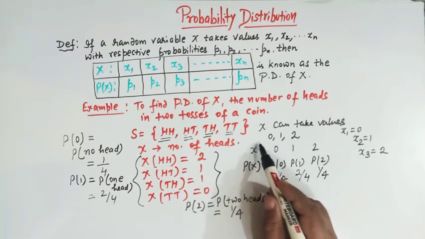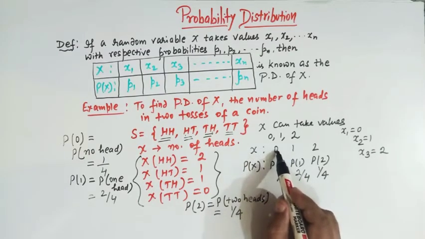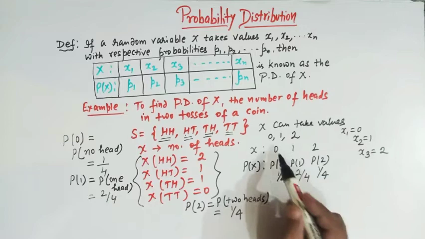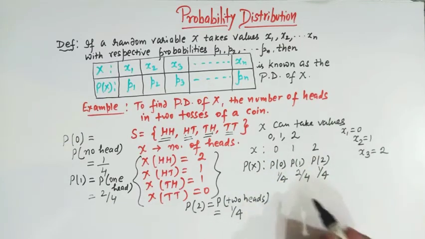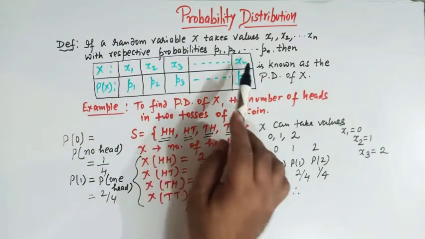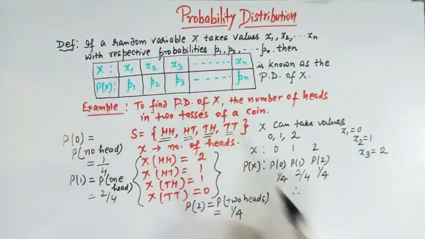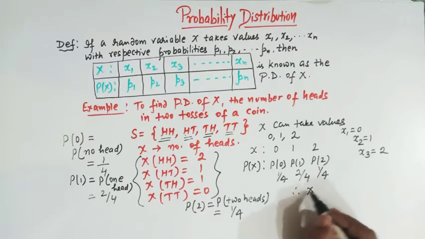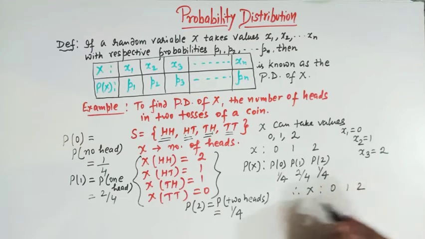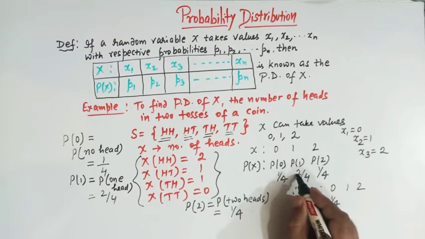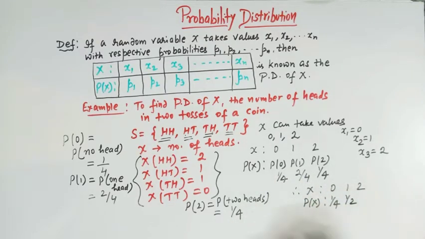So here the random variable x takes the values 0, 1, 2, and the corresponding probabilities are 1 by 4, 2 by 4 and 1 by 4. Therefore the probability distribution table we can prepare like this: x is 0, 1, 2, and the corresponding probabilities are 1 by 4, 2 by 4, which we can write as 1 by 2, and 1 by 4.